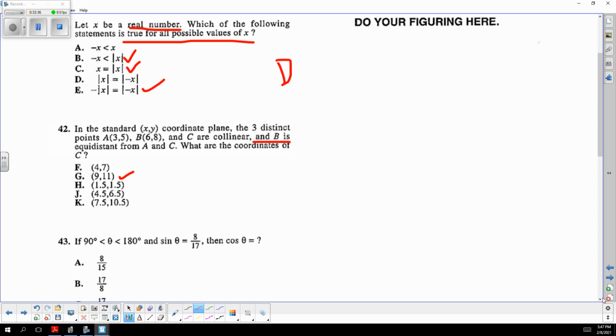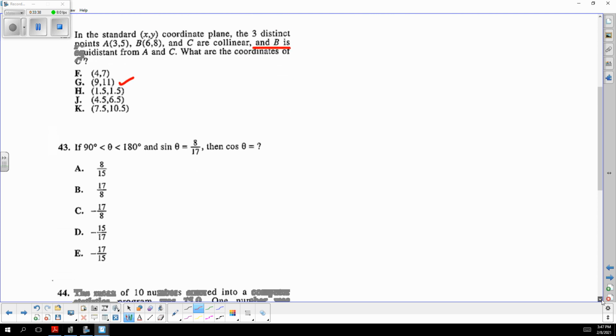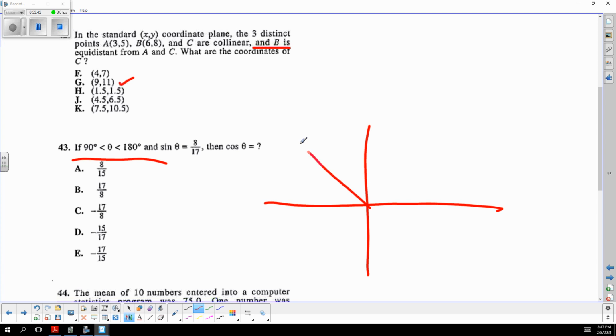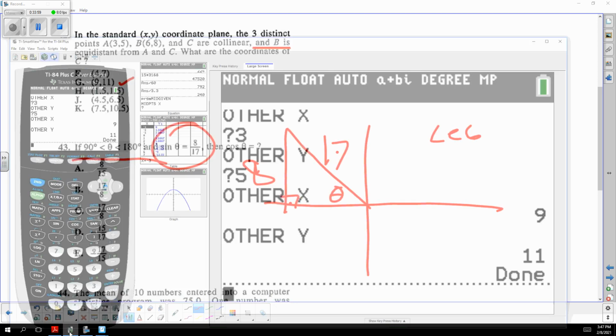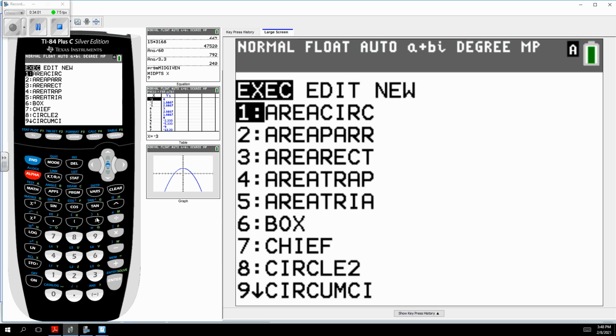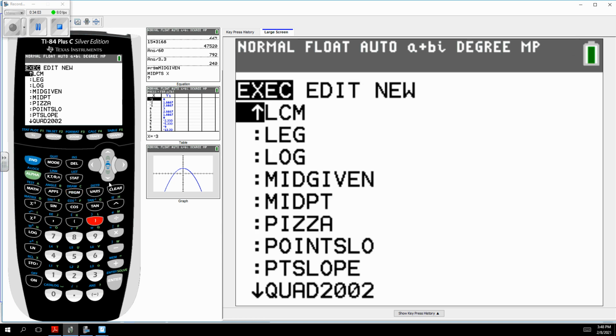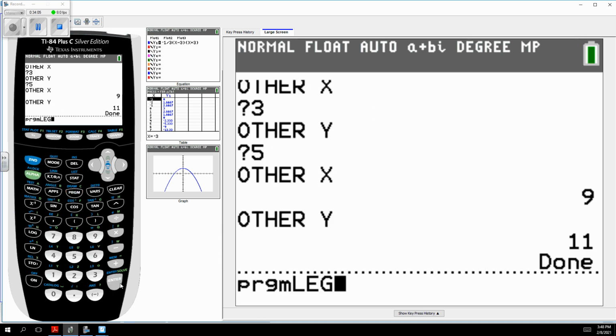This one's cool. They always offer this second quadrant. So the theta is actually over here. And the sine is the opposite 8 over the hypotenuse 17. Use leg. Leg will get you the third side. So if we use program leg, some of y'all know this side already.